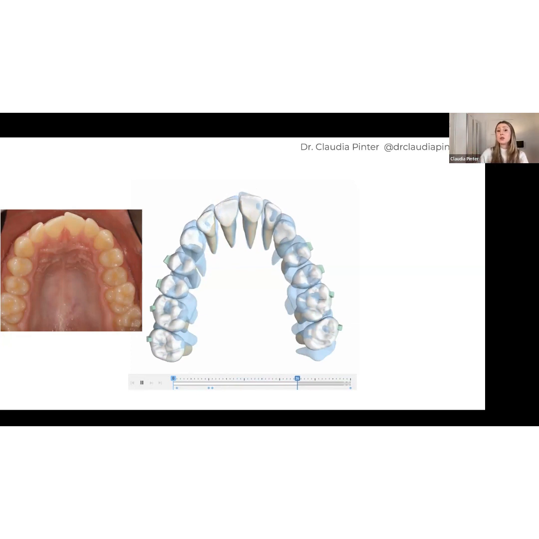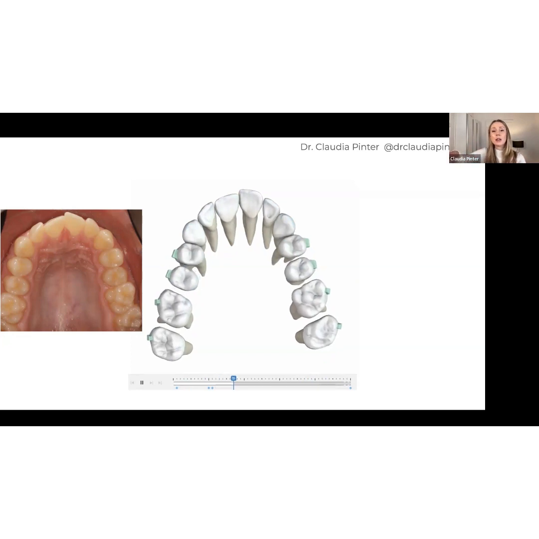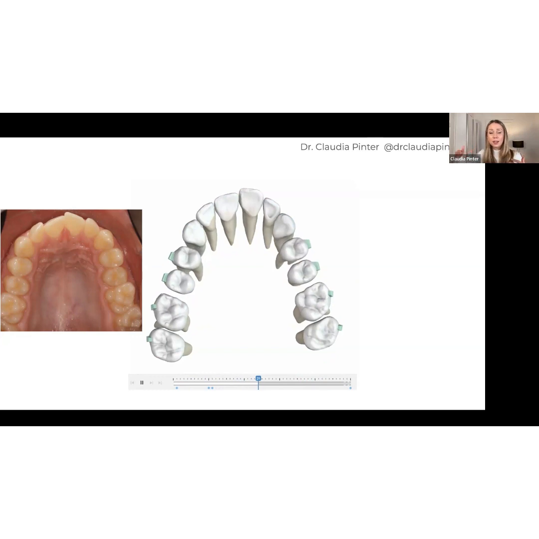And this allowed me also to distalize more teeth simultaneously than just 2. So you can see how I created space through distalization and solved the proclined incisors by allowing space posteriorly and then doing the retroclination.